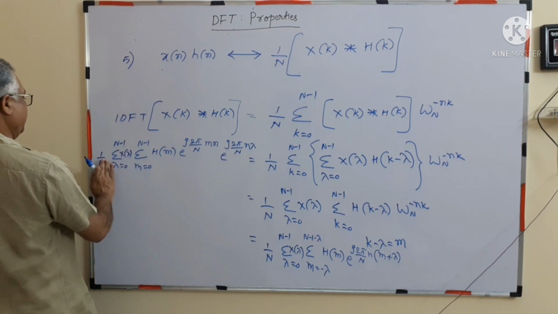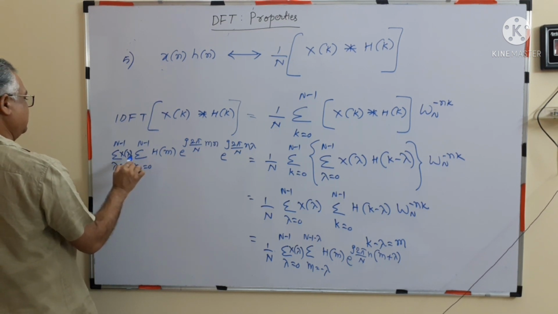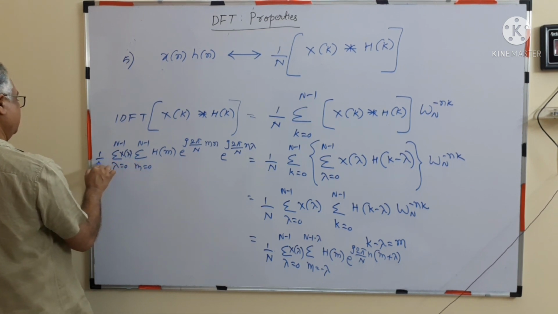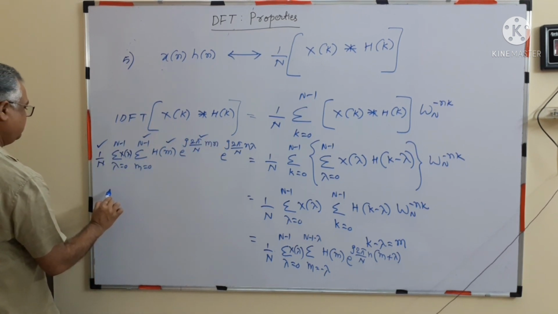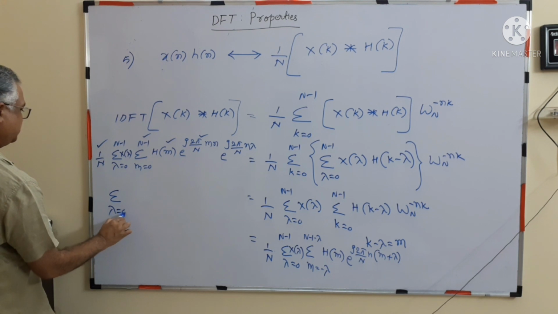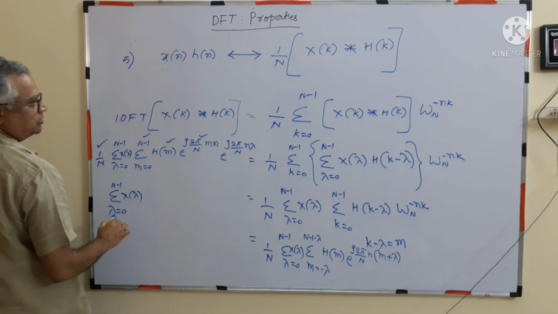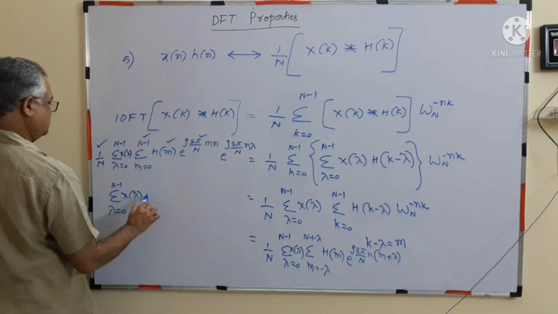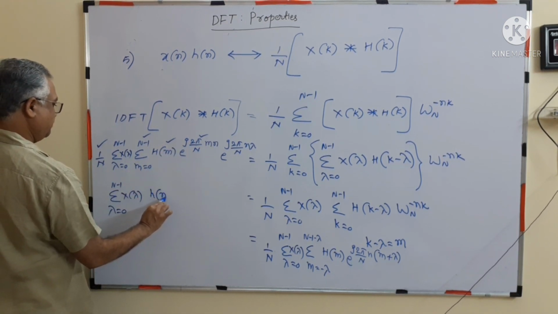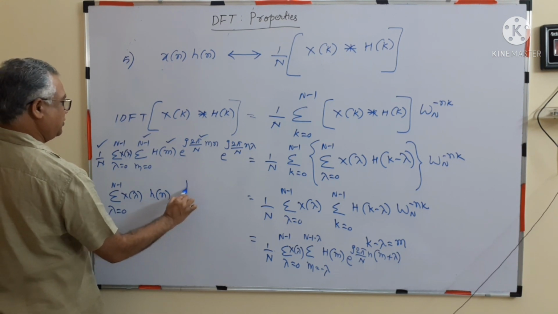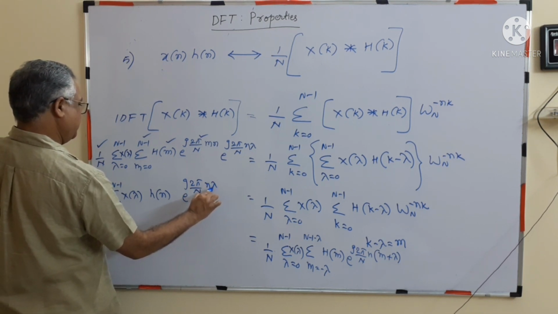So if I take 1 by N here, this 1 by N, this term, this term, this term, this term. So sigma lambda equal to 0 to N minus 1. So this is nothing but H of n, then e power j 2 pi by N lambda.